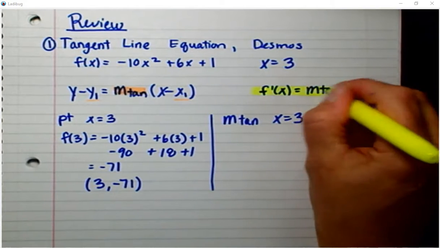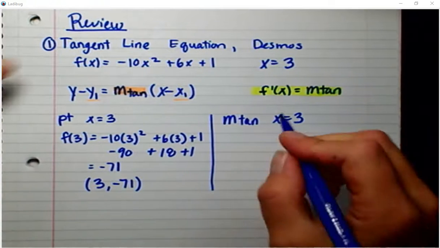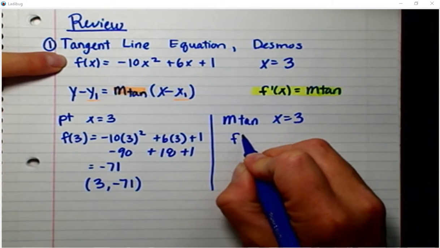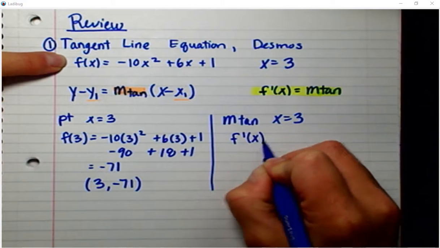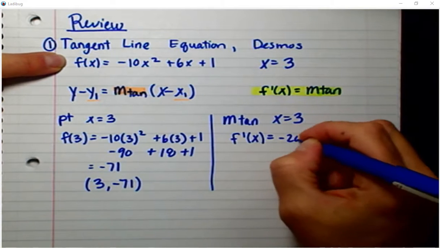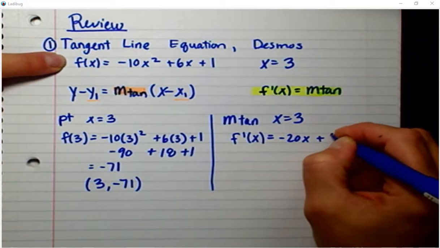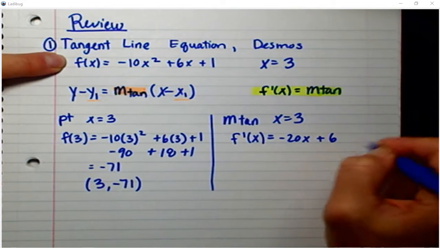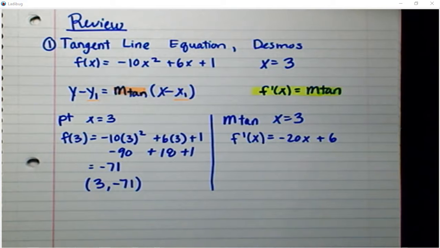So that means that I need the derivative. I'm going to start with the power rule. No long work, just the power rule. So that's minus 20x plus 6 plus nothing. Only pieces with an x actually affect the derivative.